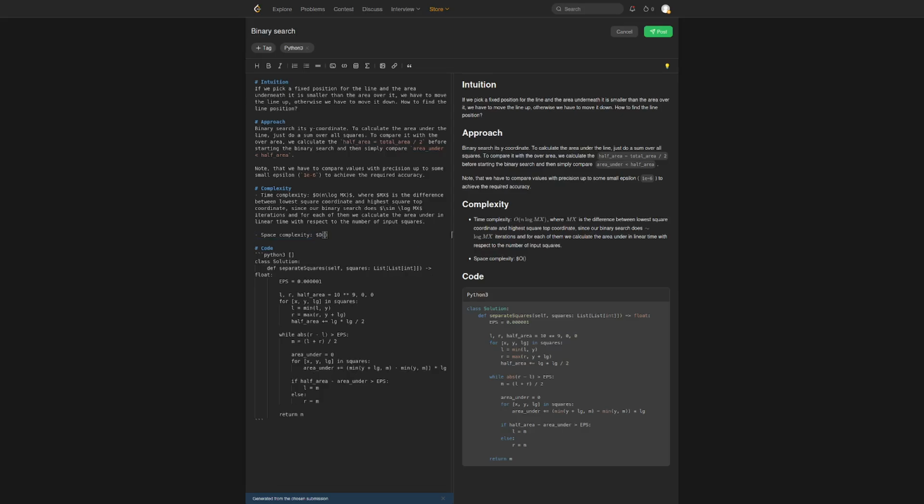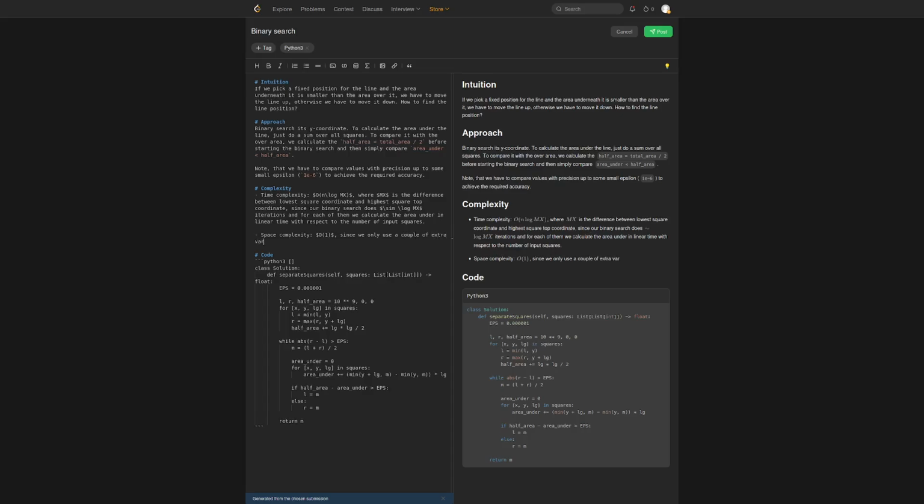O(1) space, since we only use a couple of extra variables.